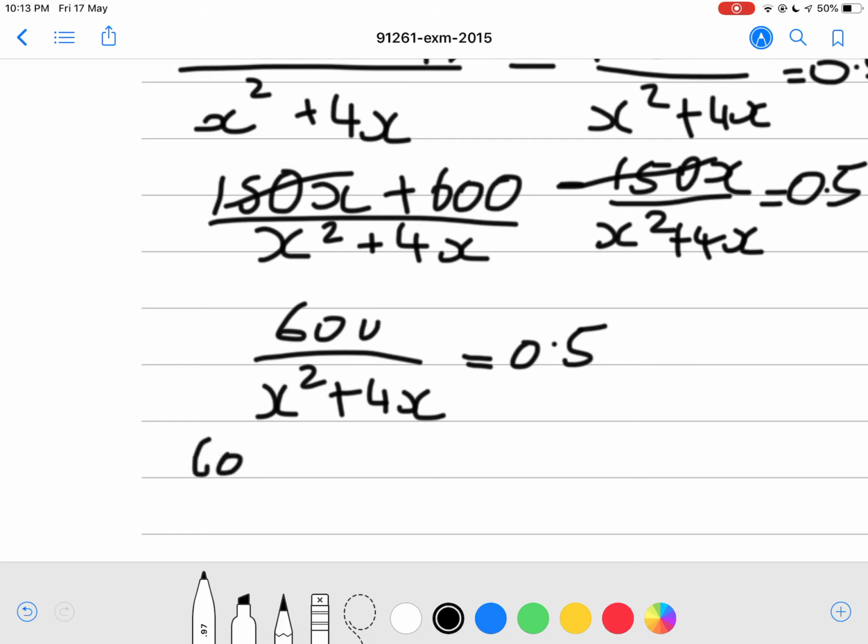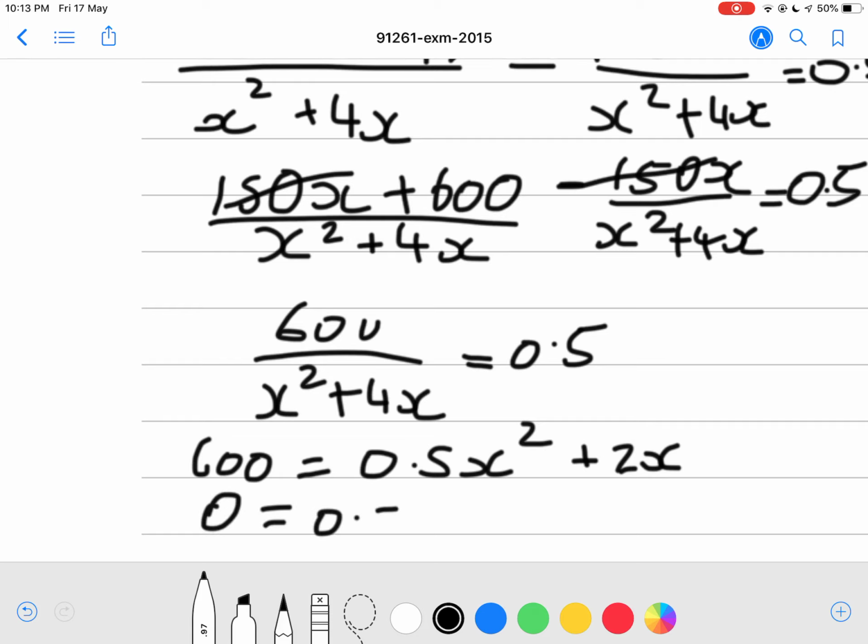So 600 equals to 0.5 times x squared plus 2x. Therefore, 0 equals to 0.5x squared plus 2x minus 600.